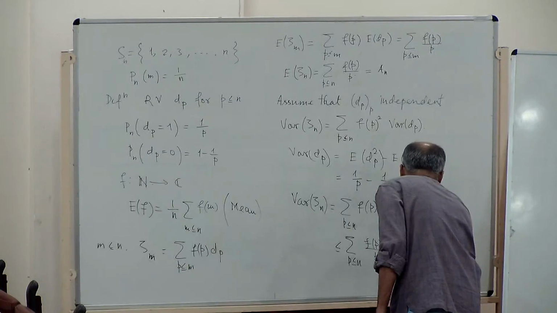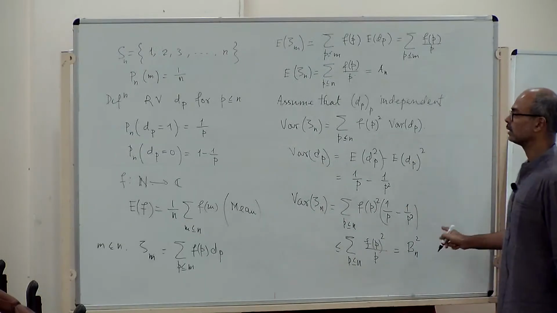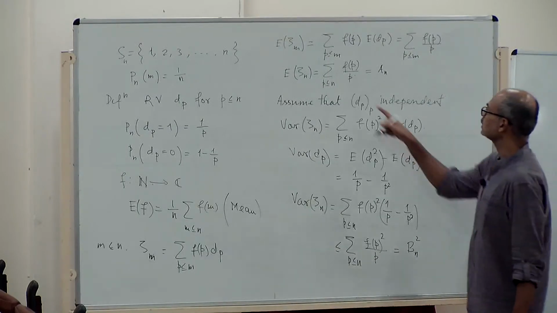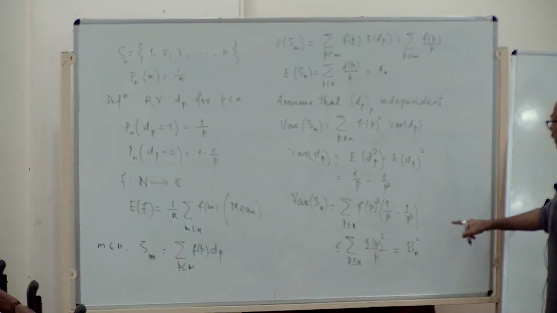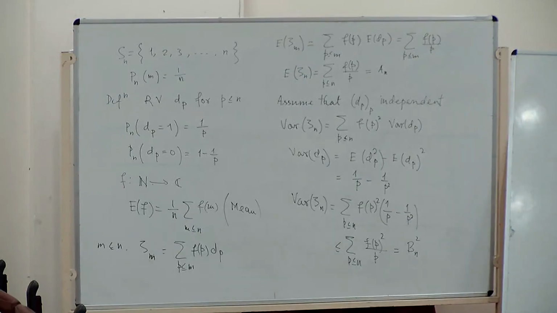Variances are usually written as sigma square, etc., but I am just using BN square. So this is AN, the expectation, and this is not exactly the variance, but an upper bound for the variance, this BN square.